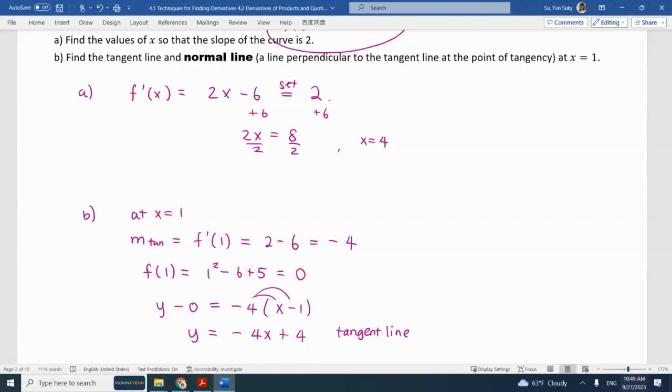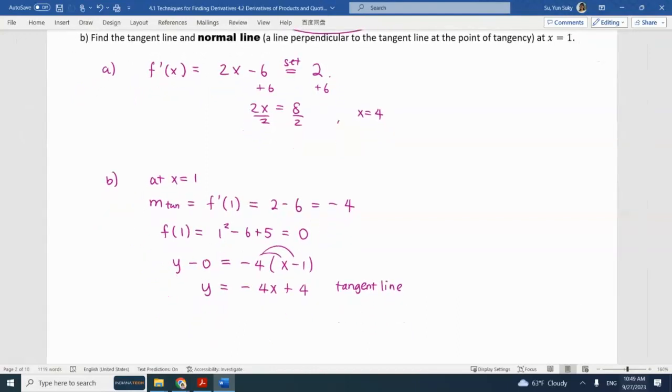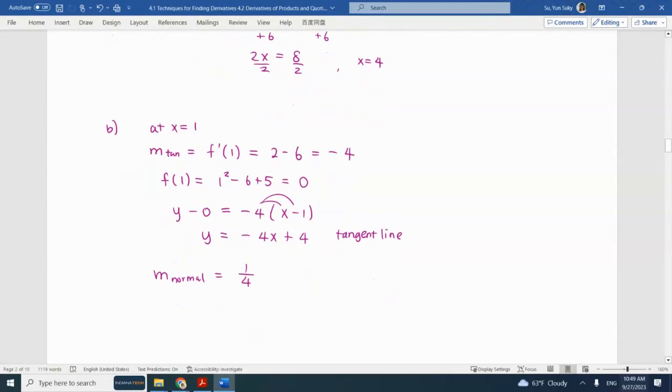Is that okay, everybody? Don J, what is m normal? Yeah, very good. Negative reciprocal. Right, everybody? Then, Joseph, what's your point-slope form now? Yes.